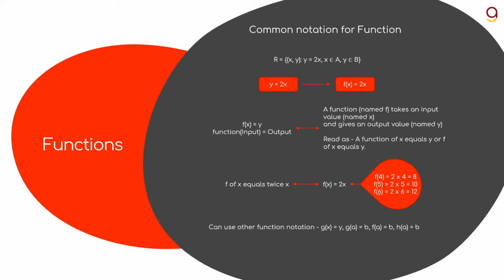Now, this is read as f of 6 is equal to 12. f of x is equal to y is the most common notation, but you can use others if you want to, like g of x is equal to y, g of a is equal to b, f of a is equal to b, or h of a is equal to b.